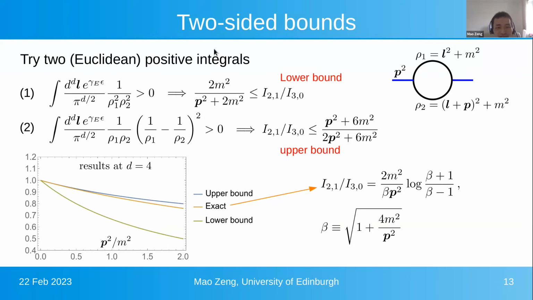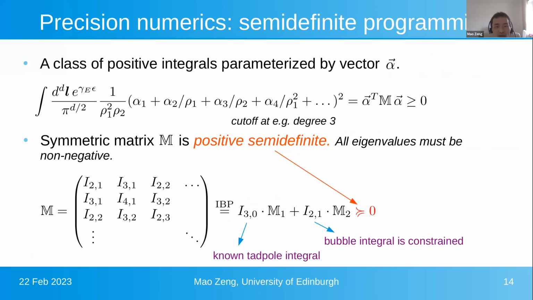But fortunately, we can improve the method, and I'll soon show you how to get to essentially any accuracy you want in this example, as far as your computation power allows.